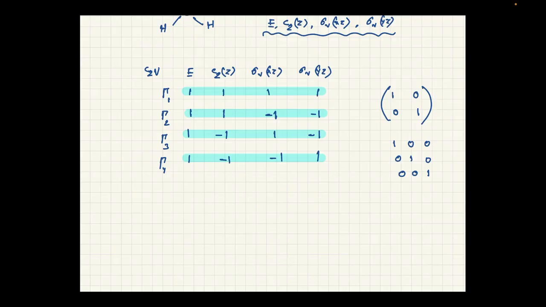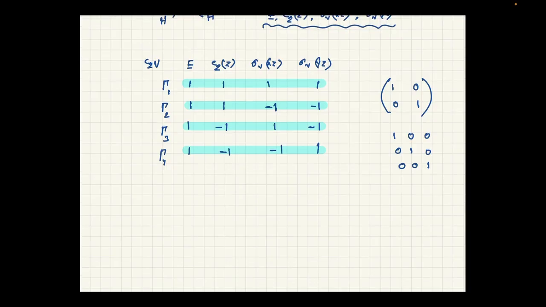Now for the rules, there are several rules. So if the dimension of the irreducible representation, which is equivalent to the character of the identity operation, is 1, then the name of the irreducible representation will start with A or B, right?